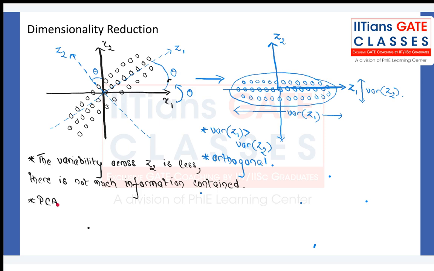So PCA tries to maximize the variance of the transformed features.